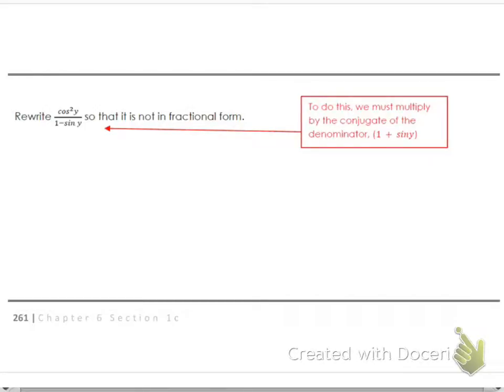So we multiply by 1 plus sine of y over 1 plus sine of y, times our original, cosine squared y over 1 minus sine y.